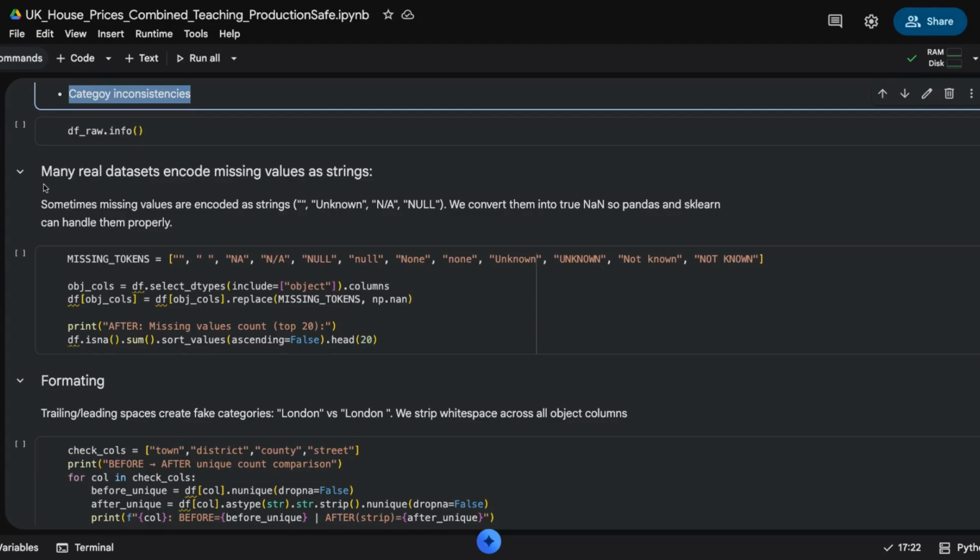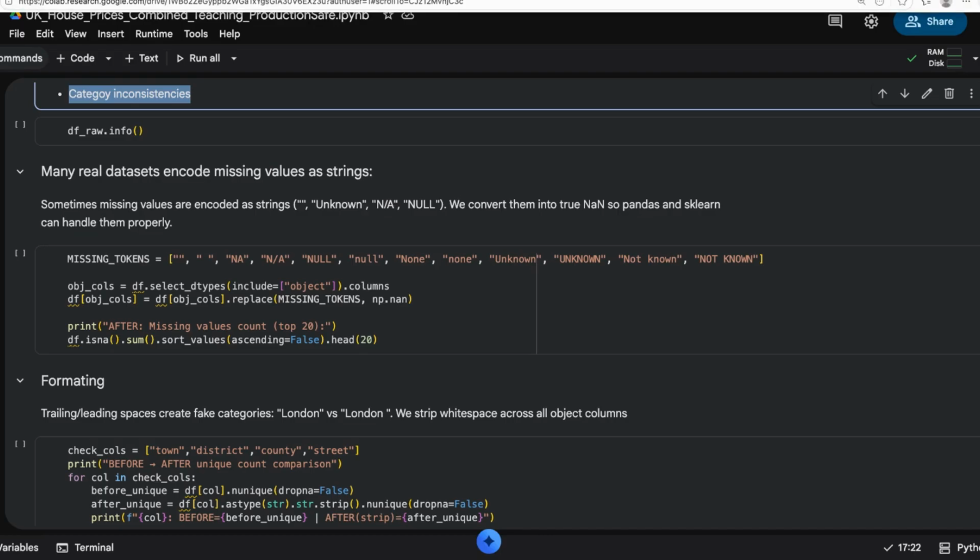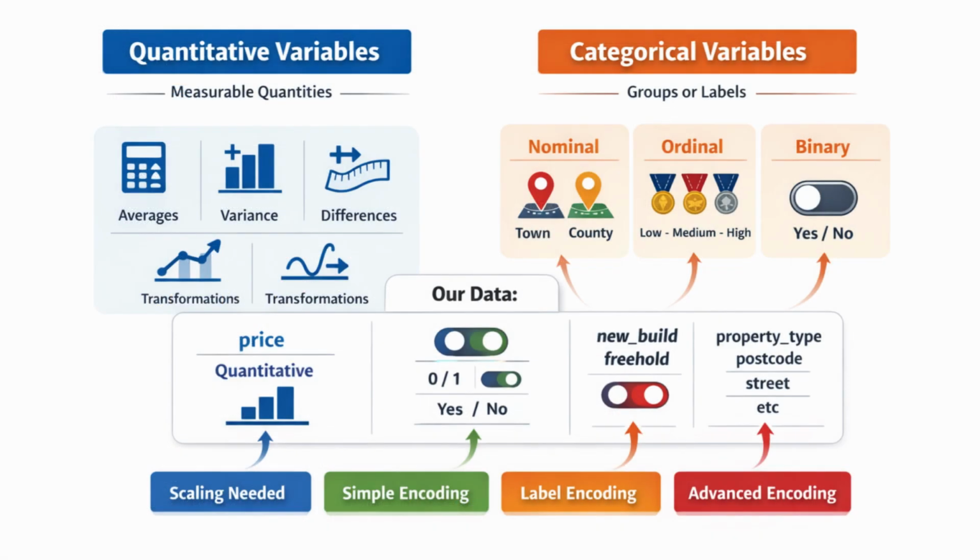Before continuing our analysis, we need to clearly understand something fundamental. Not all variables are treated the same. In data science, how we analyze, visualize, and encode a variable depends entirely on its type. Broadly, variables fall into two main categories: quantitative variables and categorical variables. Quantitative variables represent measurable quantities.